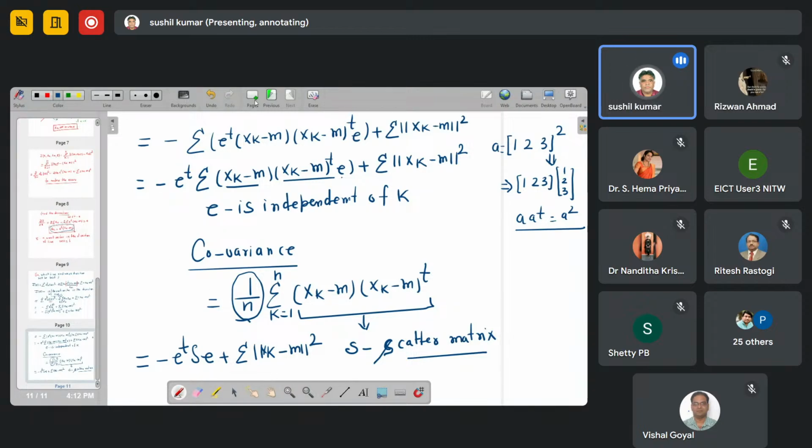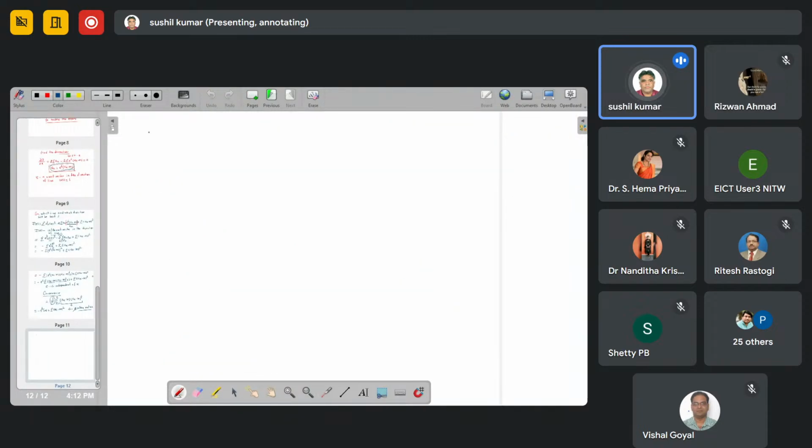Let me write it again clearly: minus E transpose S E plus (x_k - m) whole square. And this is for J(E), the direction you are calculating here.